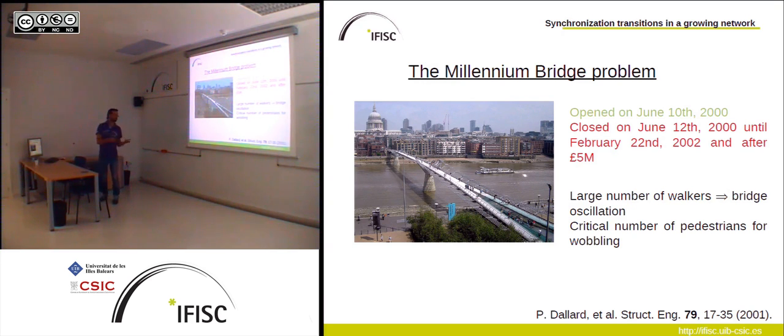They observed that when a large crowd of people were walking on the bridge, it started wobbling in the transversal direction, something that the engineers didn't expect, something that took a year and a half to fix, costing around £5 million.